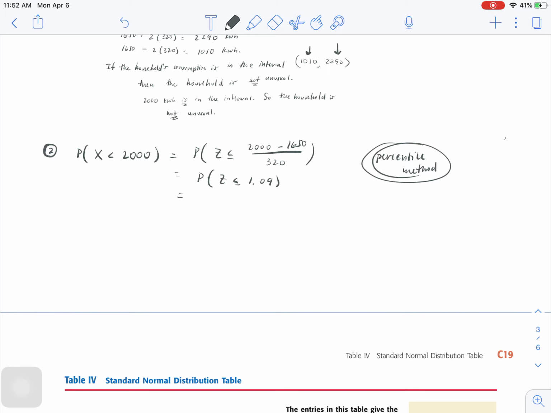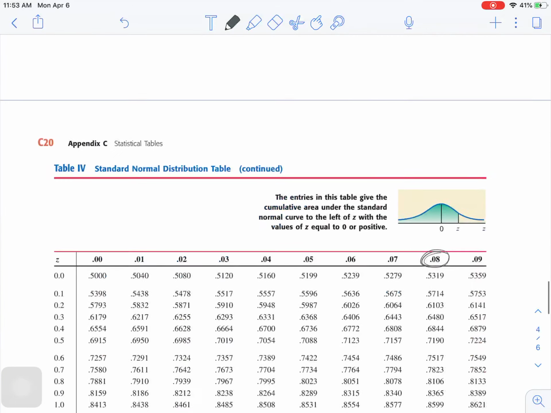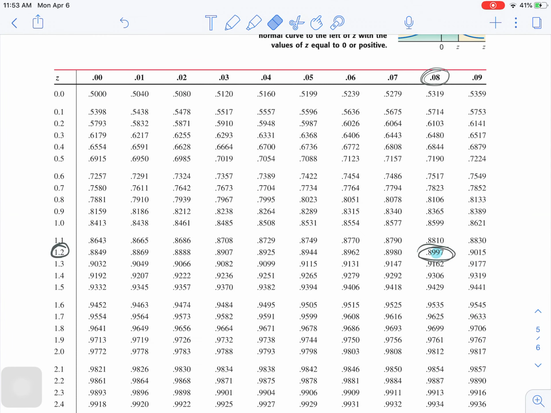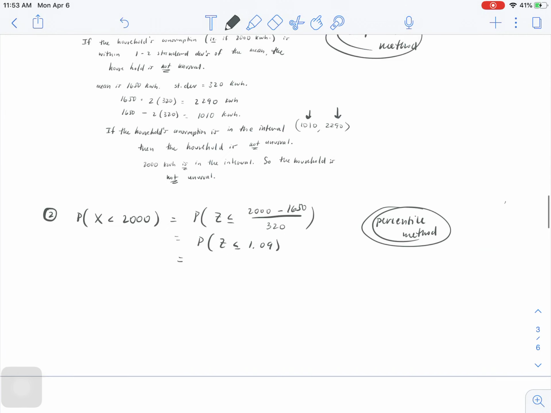The probability that z is less than 1.09 is 0.8621.